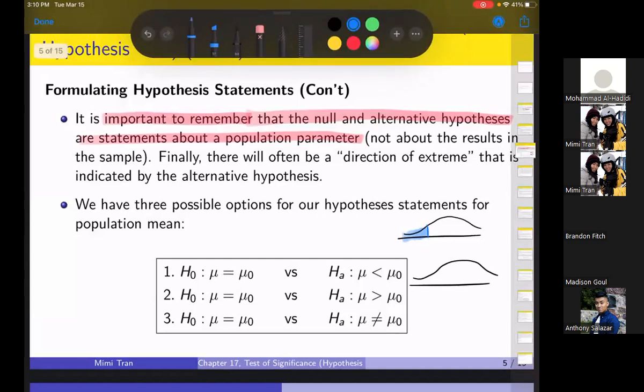If it's greater than, you want the right tail. Sorry, my picture is not perfect. And if it's different, mu is not equal to, then you want the two tails, right?